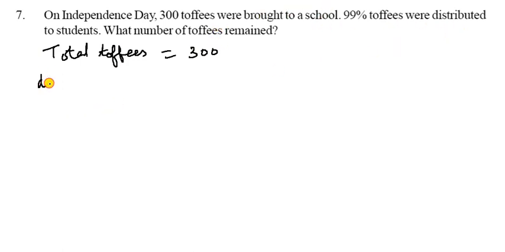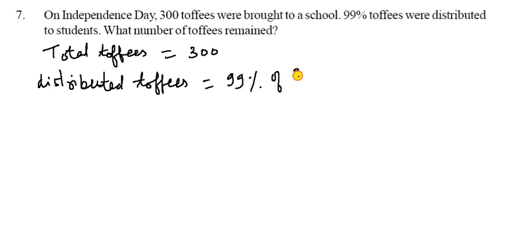Total toffees is equal to 300, and the distributed toffees are 99% of 300. So let us see.